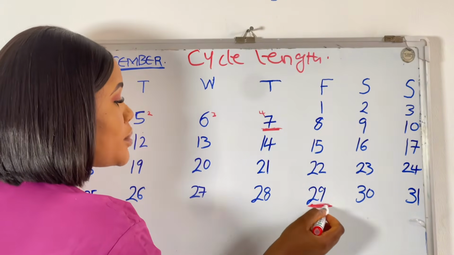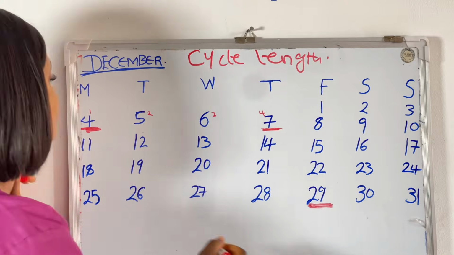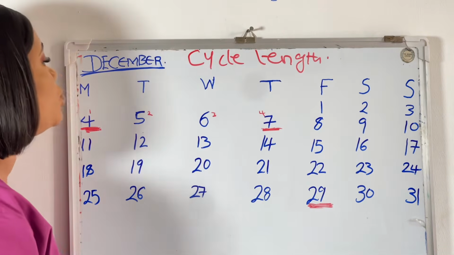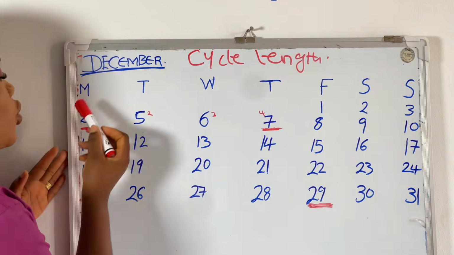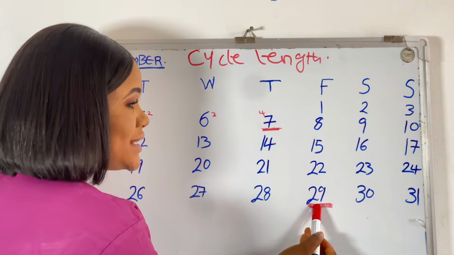So we are assuming I saw my next period on the 29th, please. I first saw my period on the 4th, and my next period I saw on the 29th.